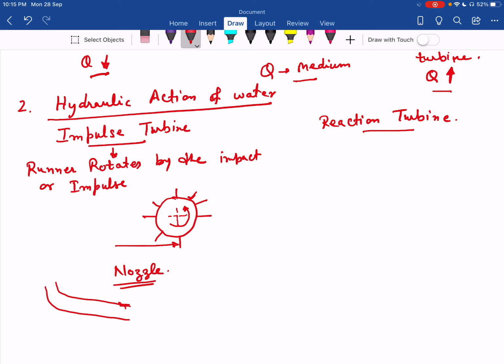At the end of the penstock, we use a nozzle. The purpose of this nozzle is to convert the pressure energy available in water into high kinetic energy.